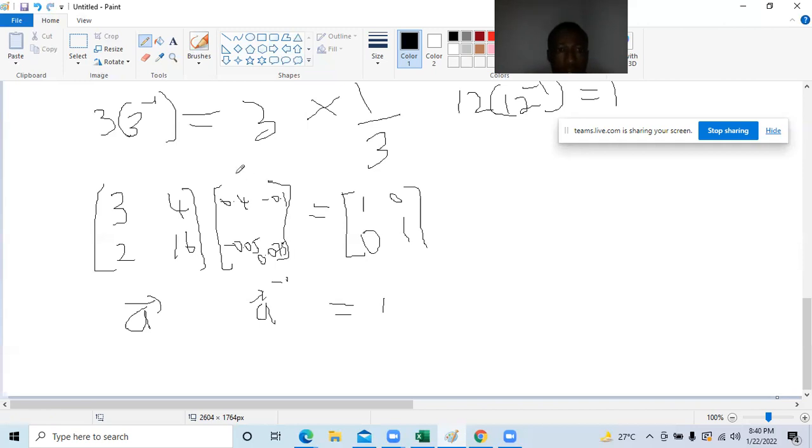So this is the inverse of this matrix. We don't need to get to the point where we are going to get this, but I need you to understand this concept that multiplying this by this is going to give us the identity matrix.